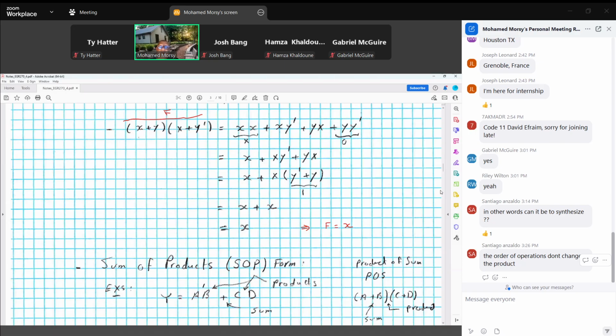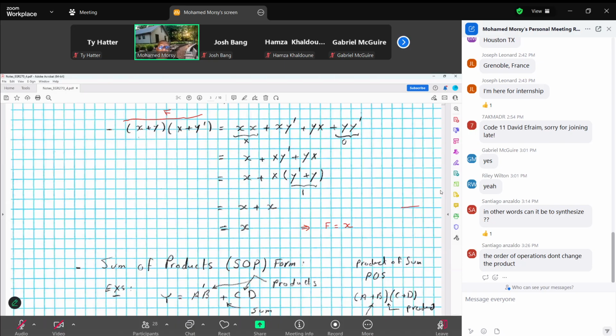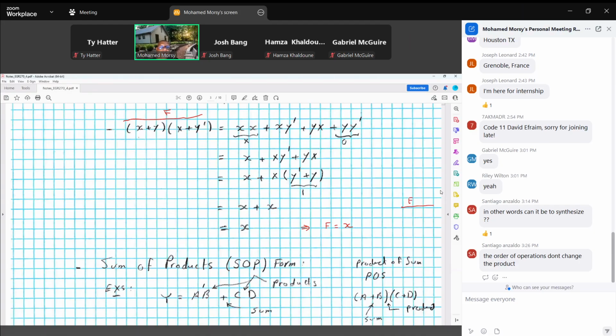It's just a wire. Based on the original expression, you have gates until you reach X and Y as inputs. But in fact, after simplification, this F is just connected directly to the input X.